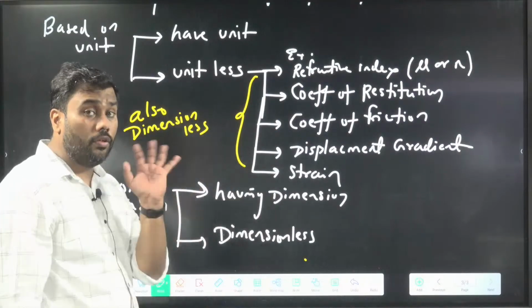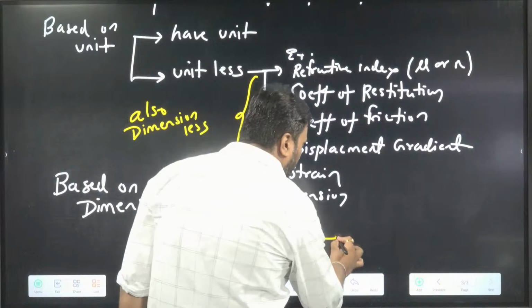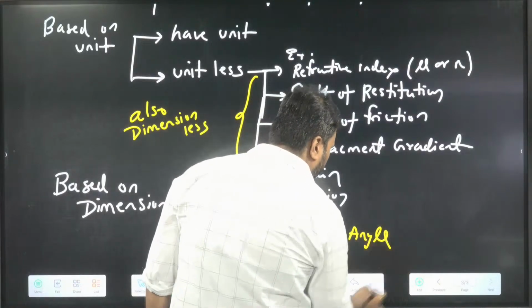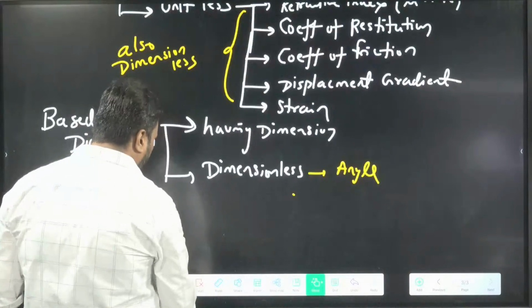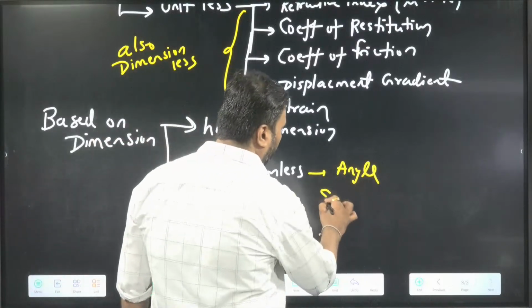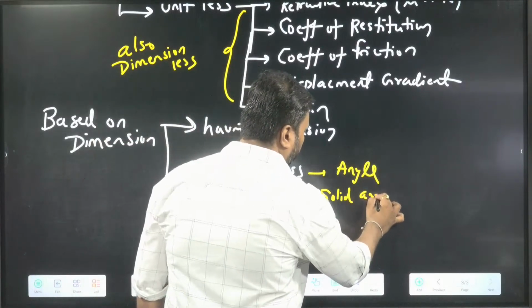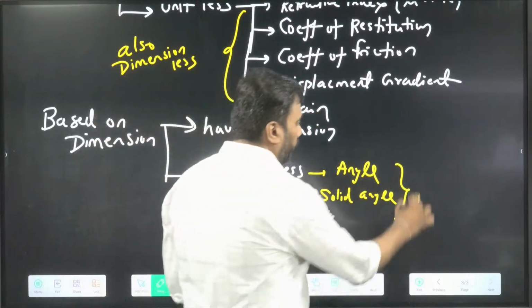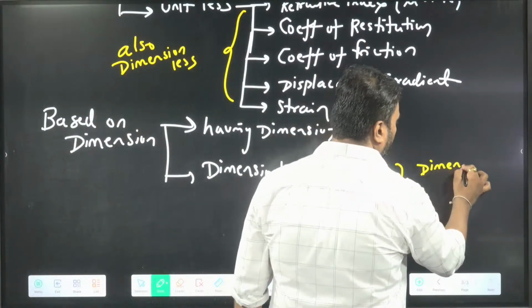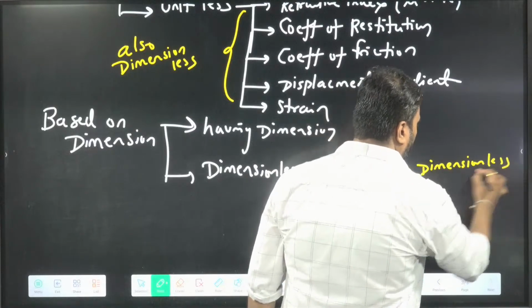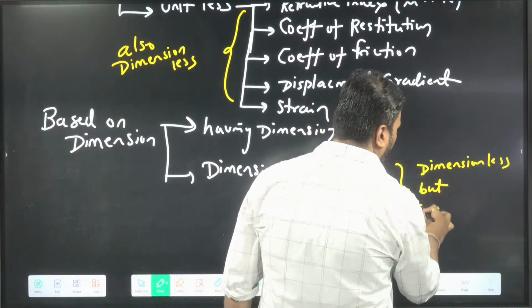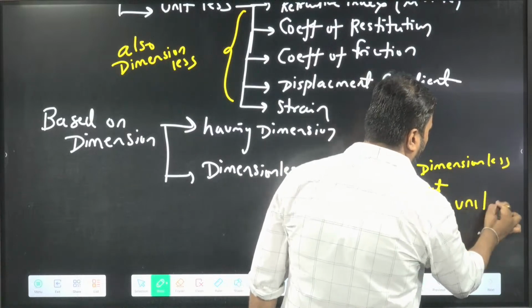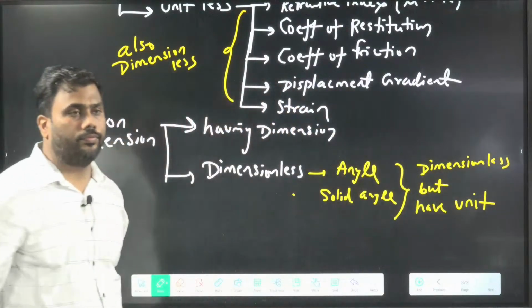There is one special quantity which is dimensionless but not unitless: angle and solid angle. They are dimensionless but have unit. They are not unitless.